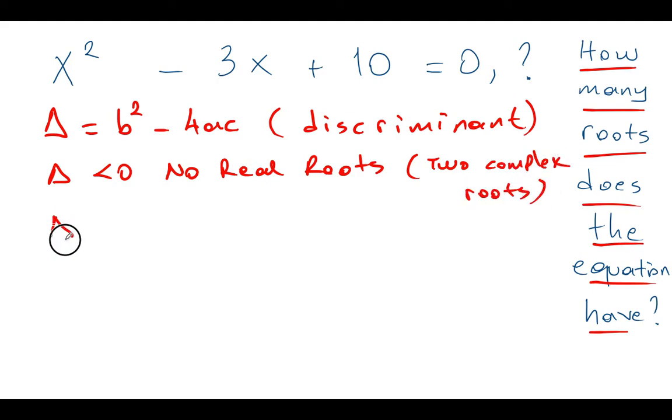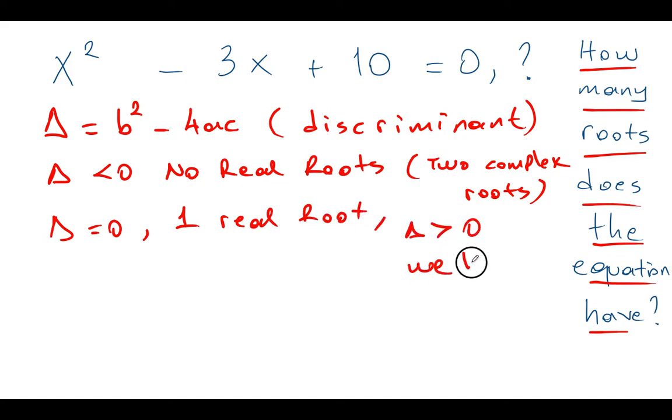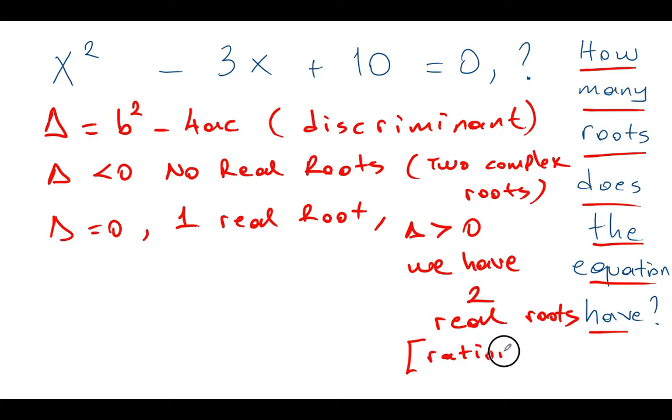And if delta is equal to 0, we have one real root. And if delta is greater than 0, we have two real roots. If we have a perfect square, these two real roots could be rational. If we do not have the perfect square, it will be irrational. But at the end, these are both two real roots.